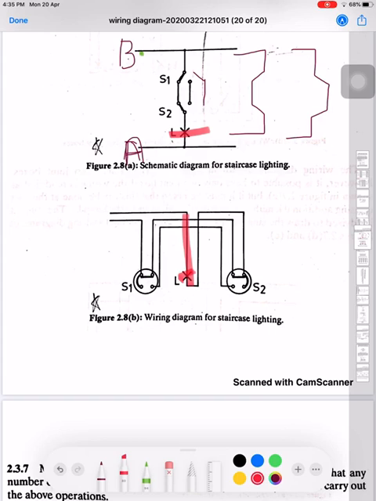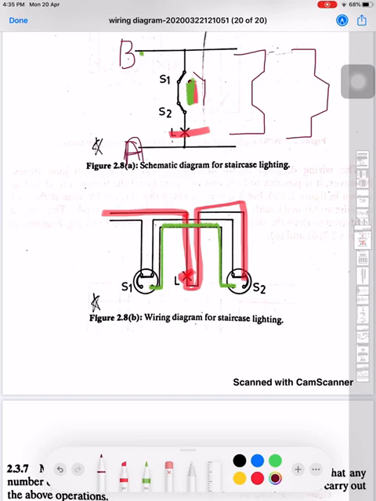This lamp is first of all connected to the main line, and it is then connected to the switch S2. Then this common looping over here is shown by this arrangement in the circuit.